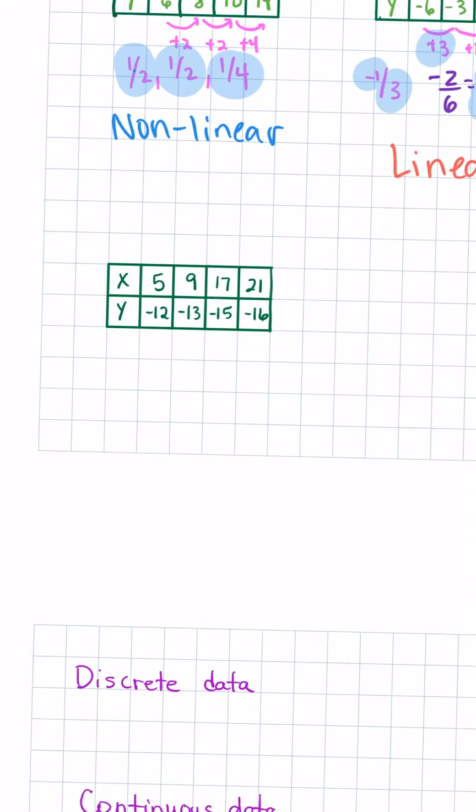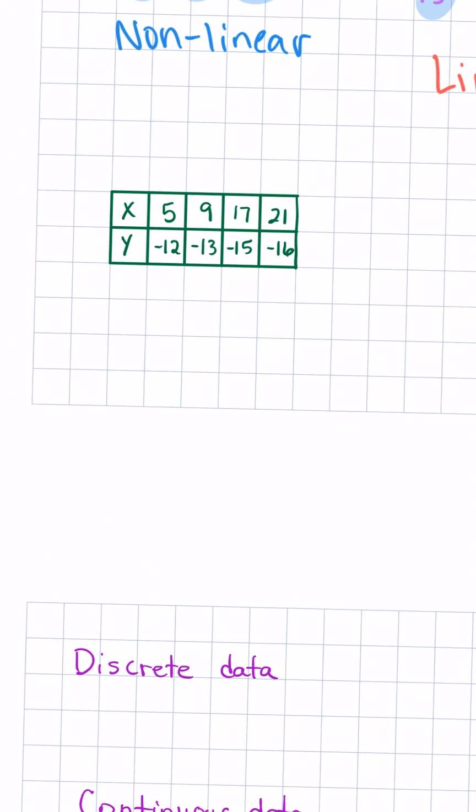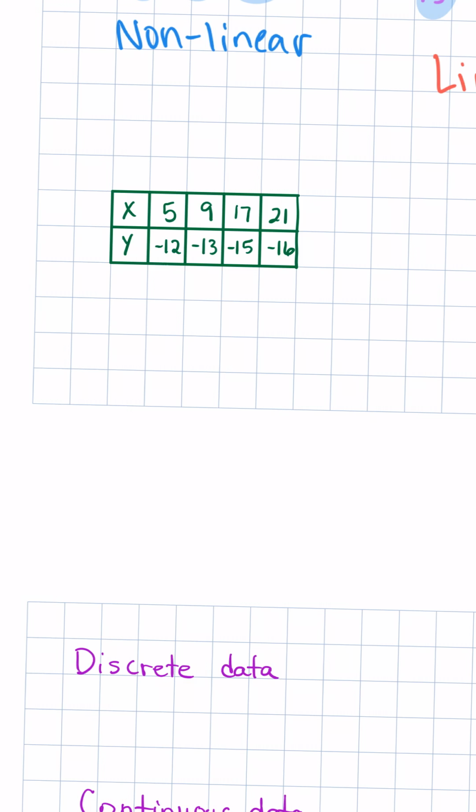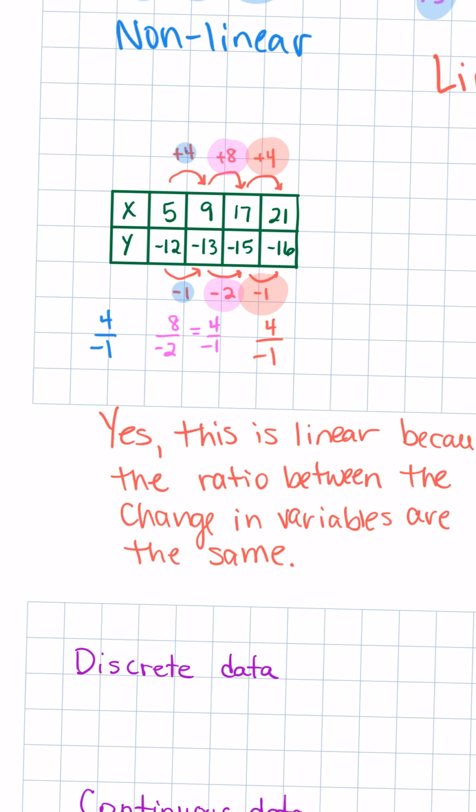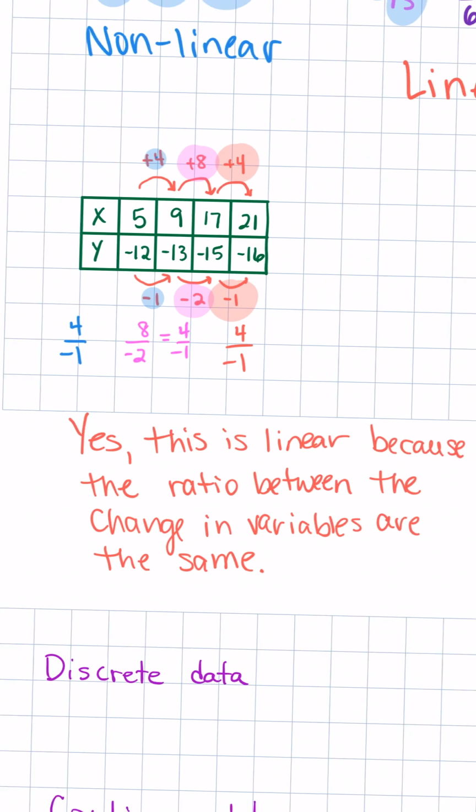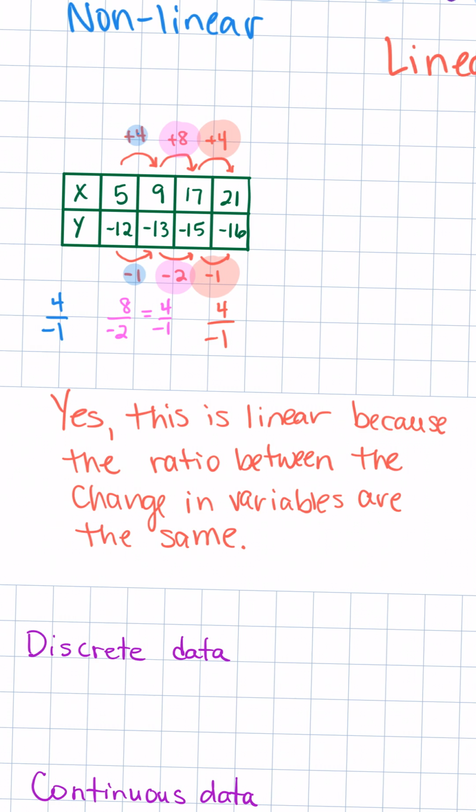Go ahead and try to figure out the ratio on this one on your own. Okay, so if you got yes, this is linear because the ratios between the change in variables are the same, you are correct. This middle one kind of threw me off, right? The first one, for sure, is 4 over negative 1.